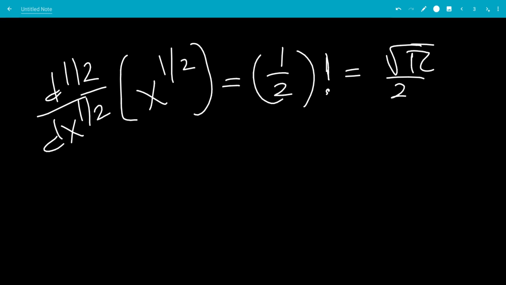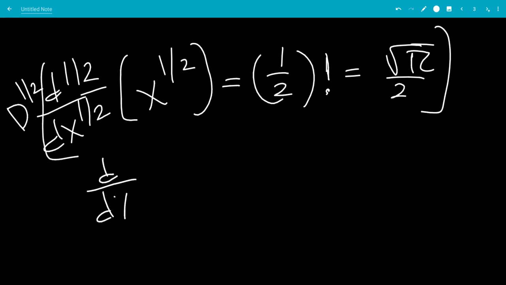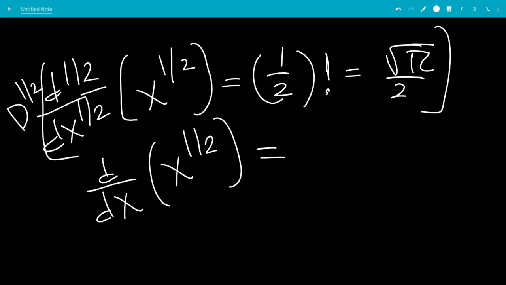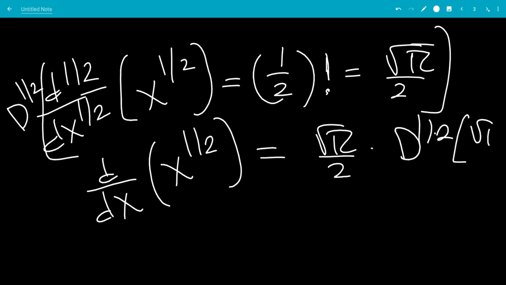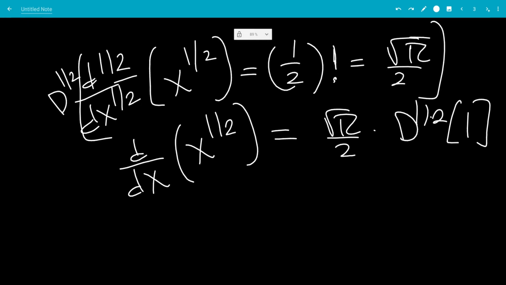We're going to take the half derivative on both sides. So I'm just going to say d 1/2 because I don't feel like writing it again. So this will be the whole first derivative of x to the 1/2 being equal to the half derivative of the square root of pi over 2. So that would be square root of pi over 2 times the half derivative of 1, because I took it out.